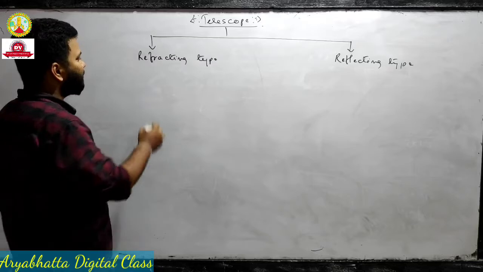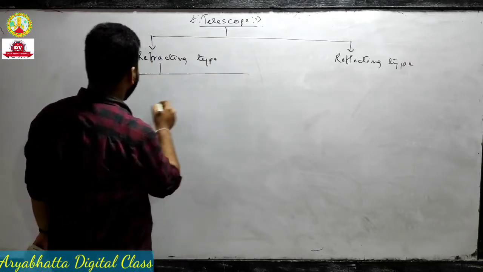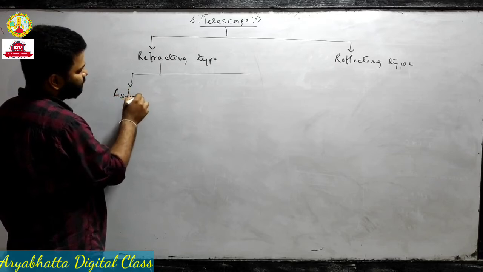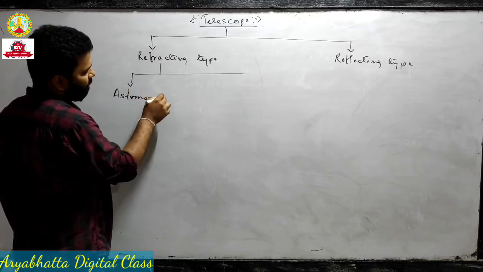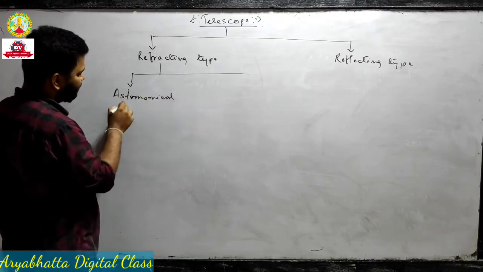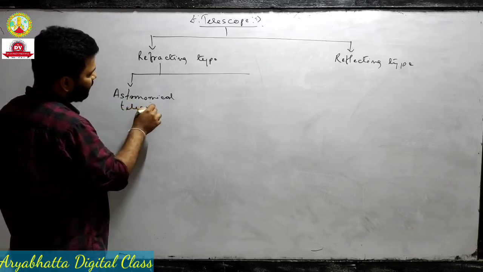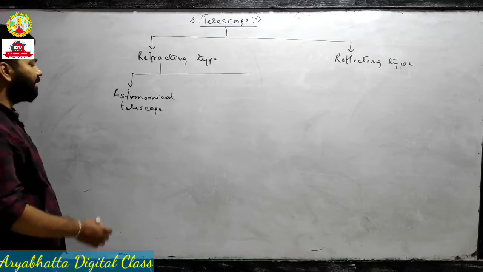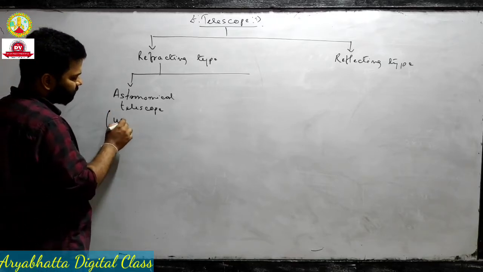Again, refracting type telescope is of two types. One is your astronomical telescope. Astronomical telescope, these are the telescope used to see the heavenly object.